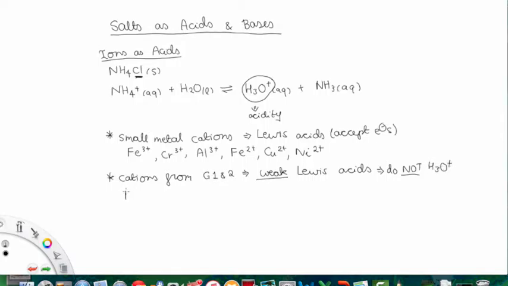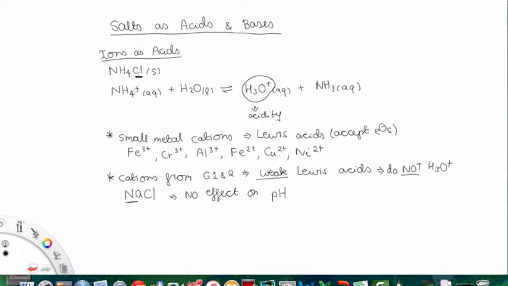An example of this is NaCl. Remember, sodium is in group 1, and this would not affect the pH of a solution. No effect on pH. Whereas, remember when I gave you the example of ammonium chloride, it did affect the pH.